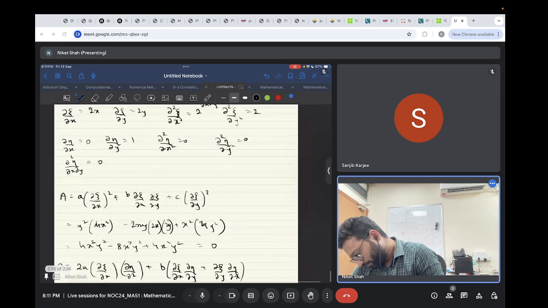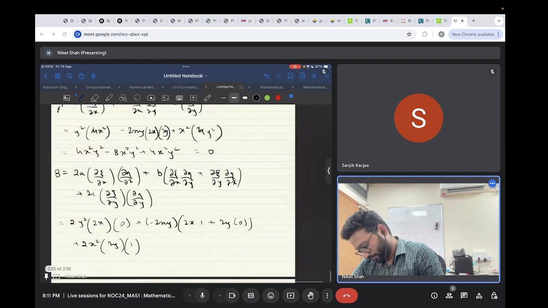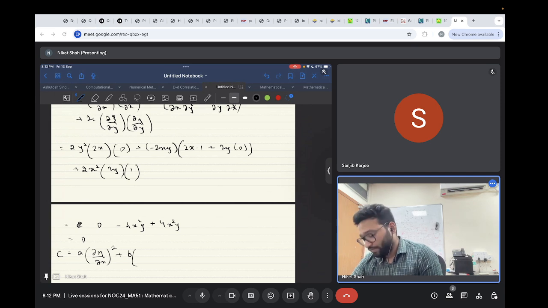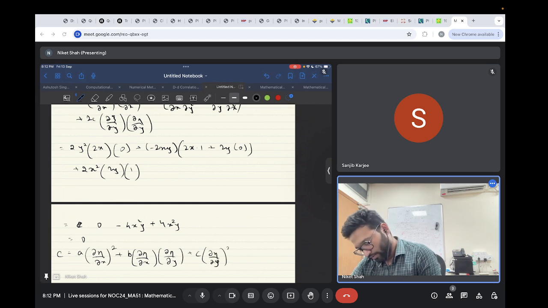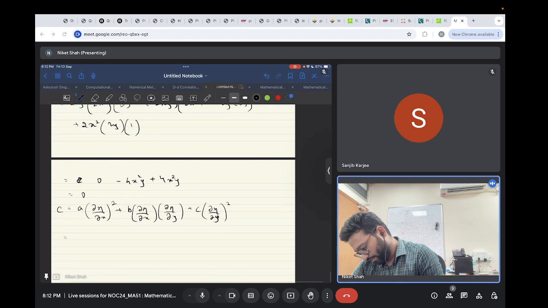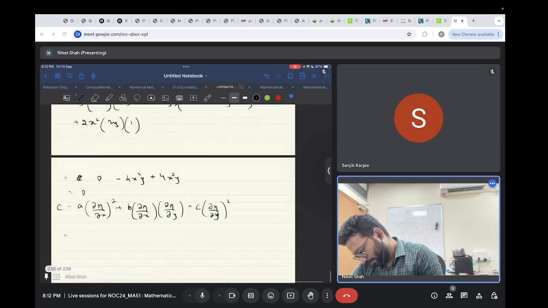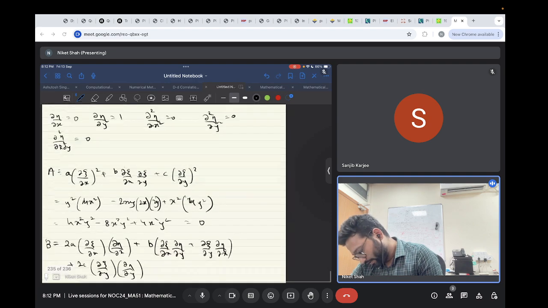Okay, this is ∂η/∂x the whole square plus b into ∂η/∂x ∂η/∂y plus c into ∂η/∂y whole square. And what does this become equal to? a is again y square, ∂η/∂x is 0, right?